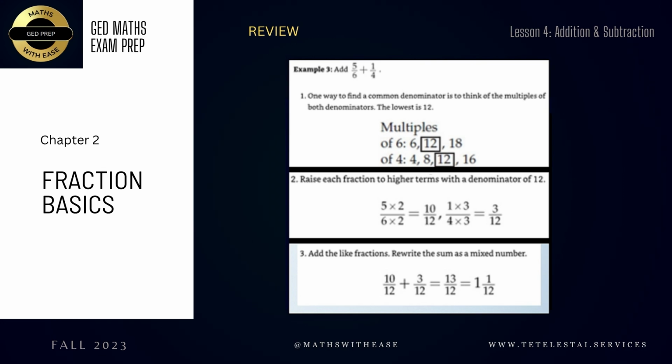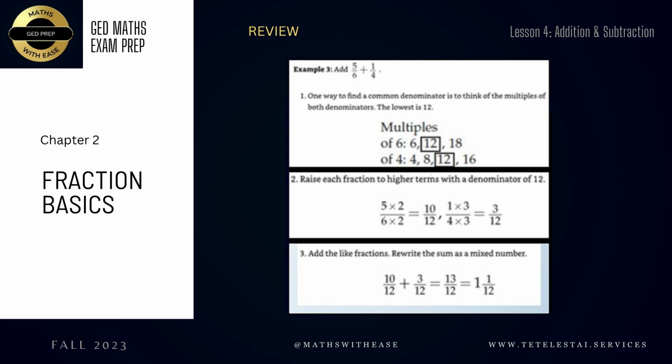Both numbers do share a multiple of 24, but 24 is not the lowest, right? You always want to choose the lowest common multiple, okay? And in this case, for both numbers, that lowest common multiple is 12.